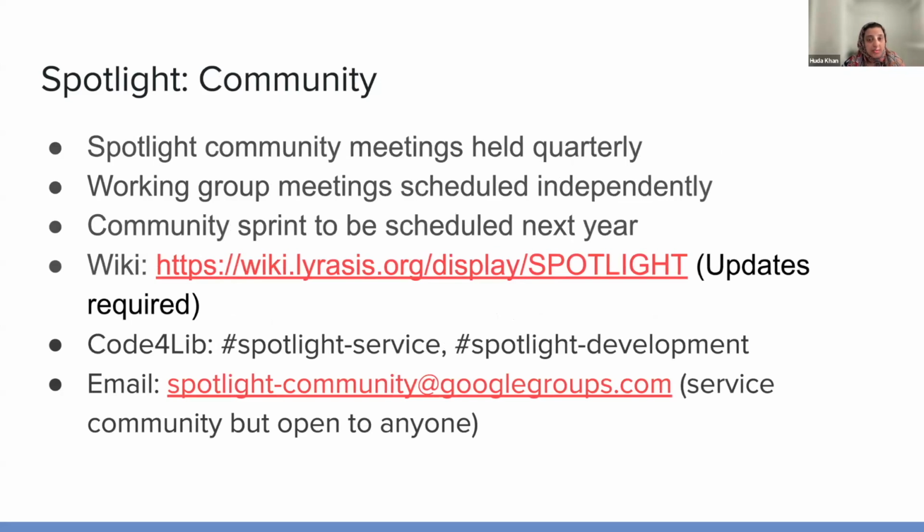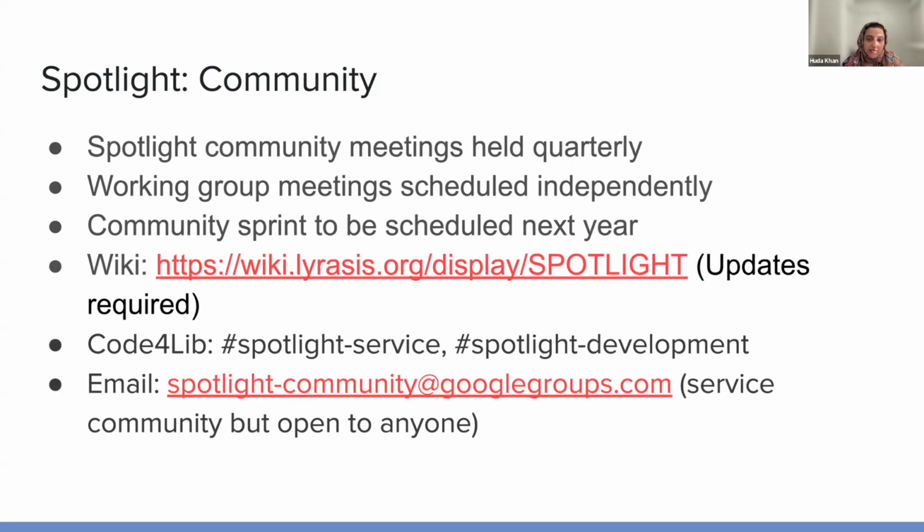Like I said, community meetings are held quarterly, and working group meetings are being scheduled as well. There's a wiki. Just a caveat here, there are updates required, and one of the issues that the Spotlight Council will address is when and how to update this wiki.